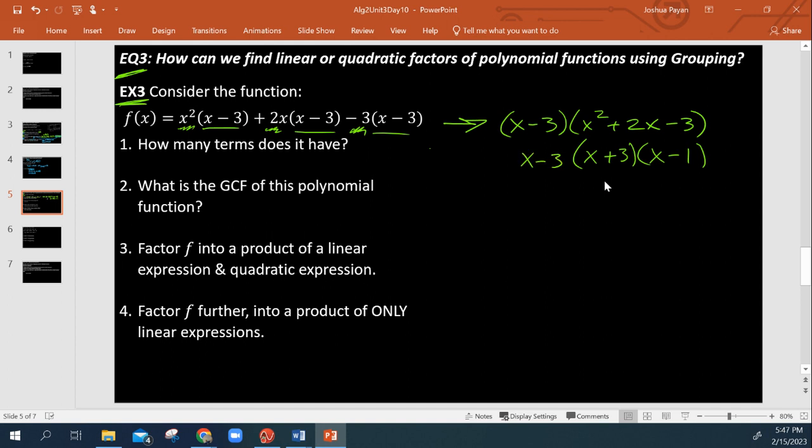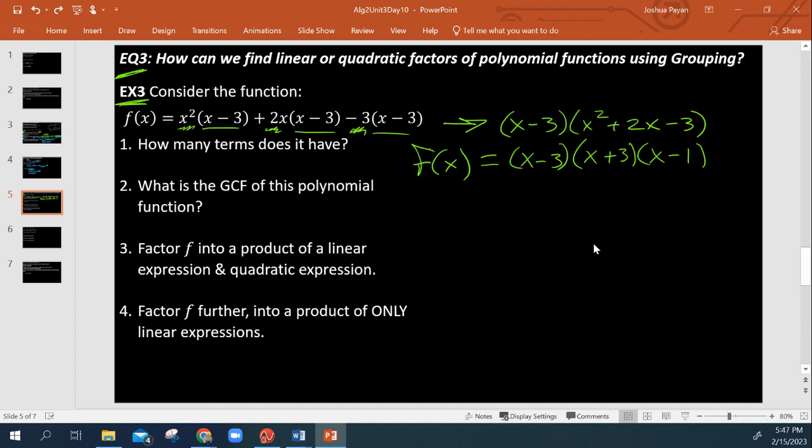And then we have x minus 3 here. So now I have factored f of x, which was a third degree polynomial, right? If this is second degree here times another x, that would give me x to the third. Or if we look at it, I have 1, 2, 3 linear factors, and of course x times x times x is going to give me x to the third.